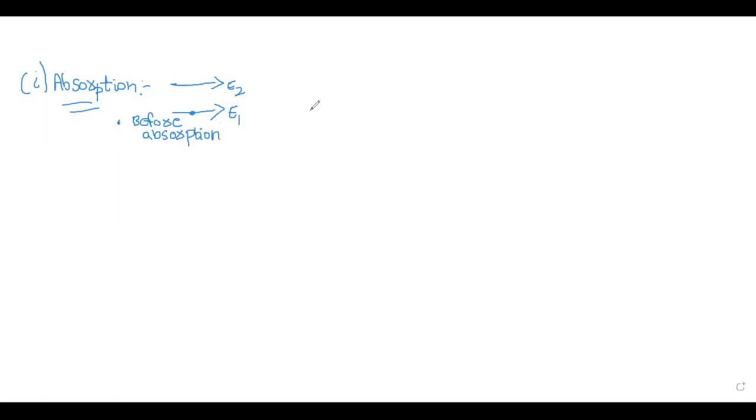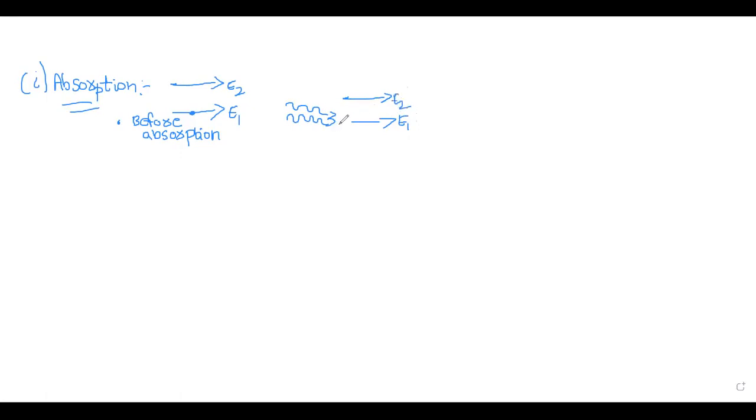So what is happening when the laser light is made to be incident on this atom? Now let us consider this is the light. This is E1 and this is E2.